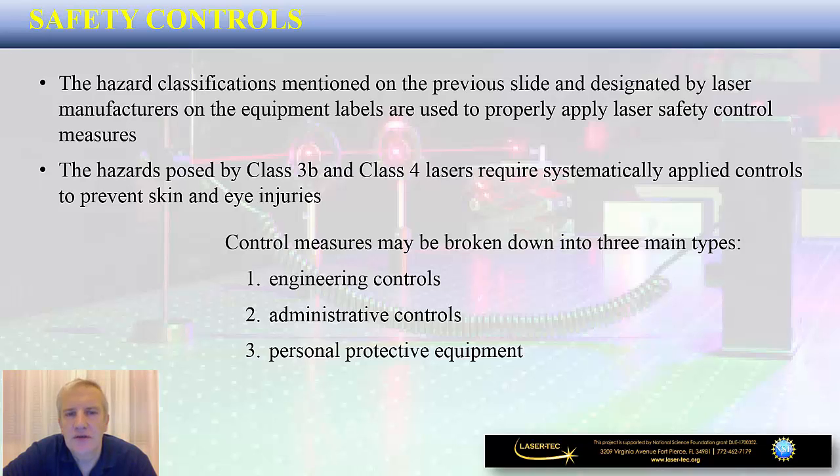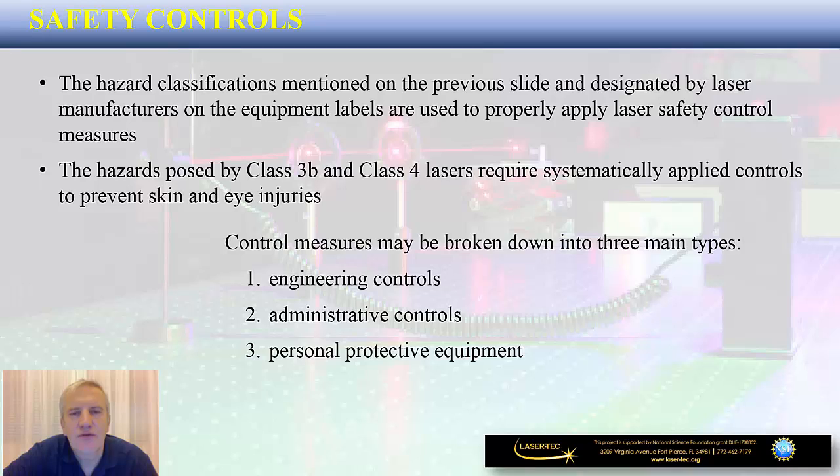The main focus here is on class 3B and class 4 lasers that operate at power levels above half a watt. If you are operating these types of lasers, you definitely have to have very explicitly defined laser safety controls in a lab that would prevent any kind of injuries to your eye and to your skin.